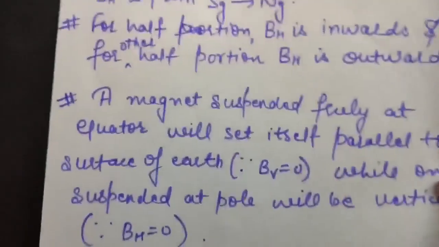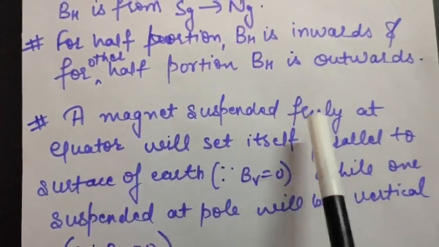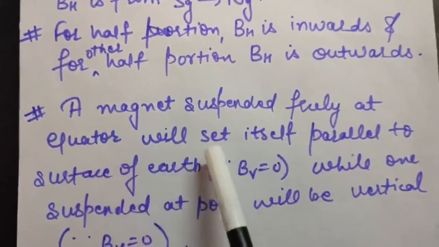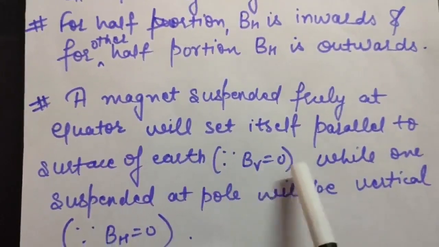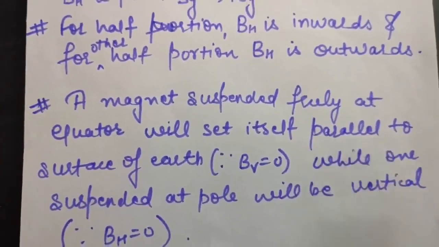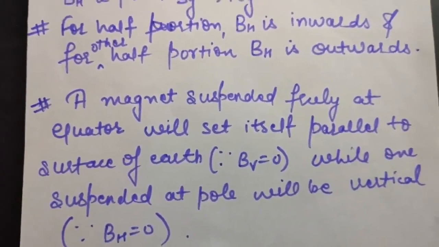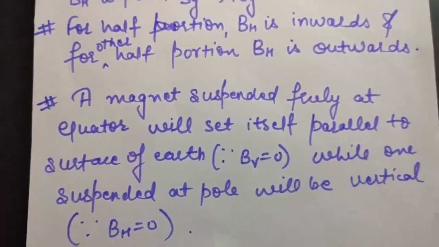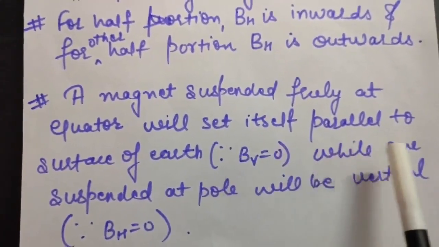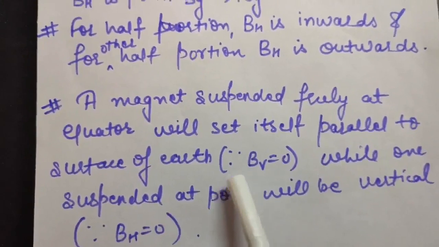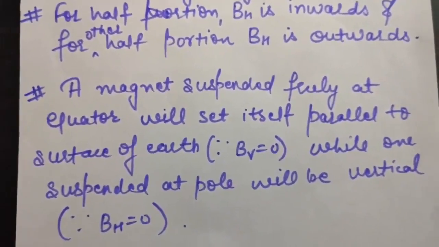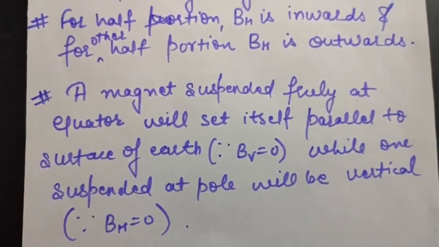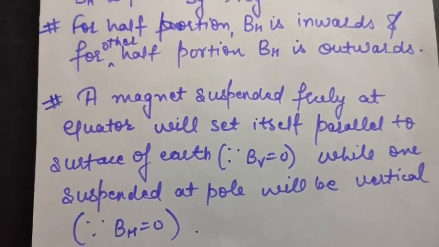So we can say a magnet suspended freely at equator will set itself parallel to surface of Earth because BV is 0. And parallel means you have only horizontal component, because horizontal component is parallel to Earth's surface. Now if I suspend it at pole, at pole you know BH is 0. So it will have only vertical component. So at pole it will be vertical because horizontal component is 0.